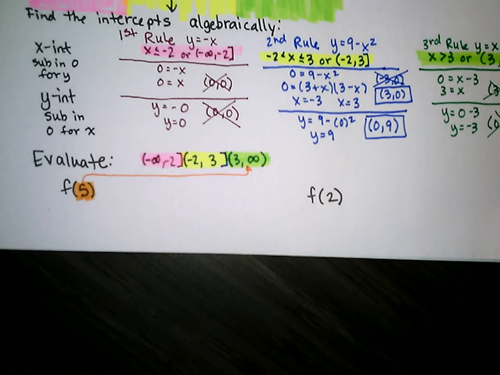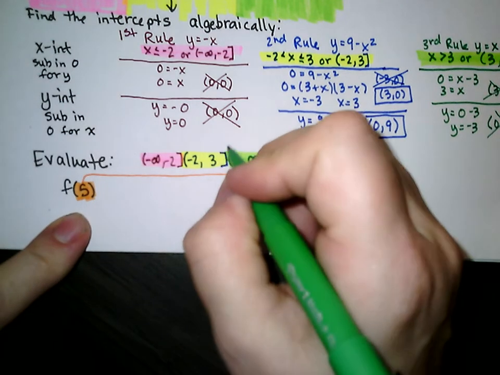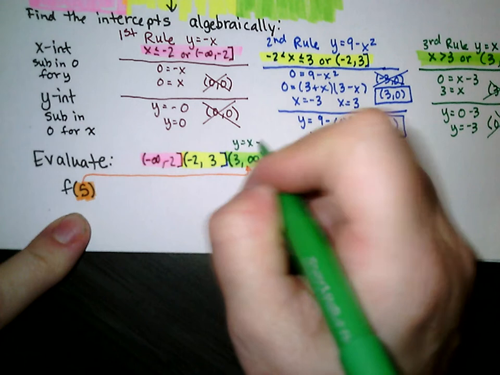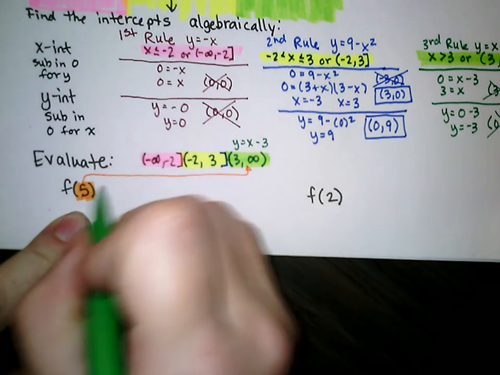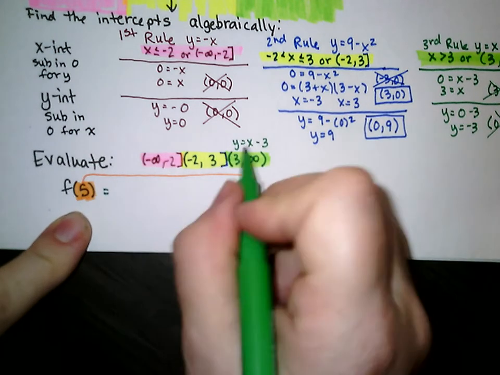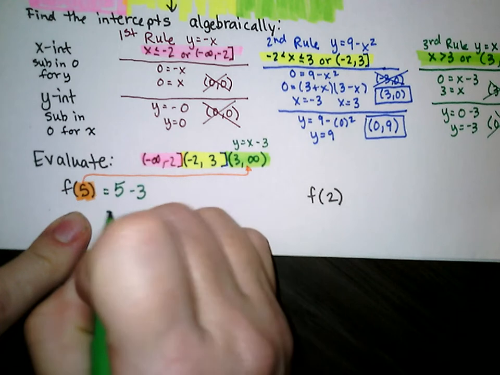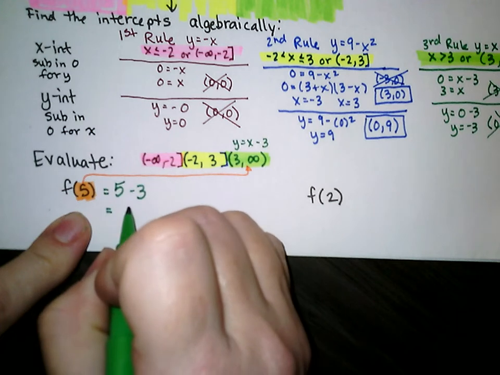So we're only going to substitute into the rule that goes to the green zone. And that rule was y equals x minus 3. So I'm only going to substitute 5 into y equals x minus 3. So f of 5 would equal 5 minus 3. So that would be 2.